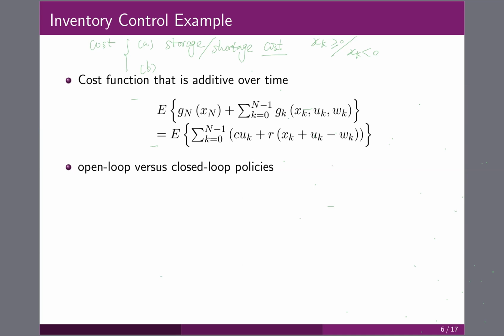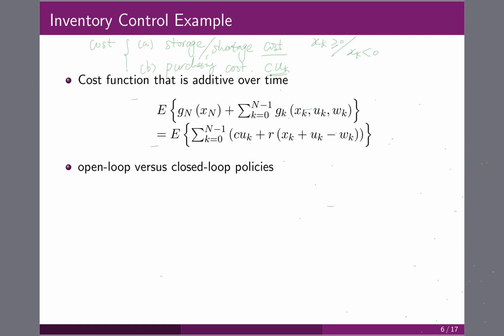The other type of cost is the cost you pay for the order of the stock. This cost is proportional to the quantity of the order.